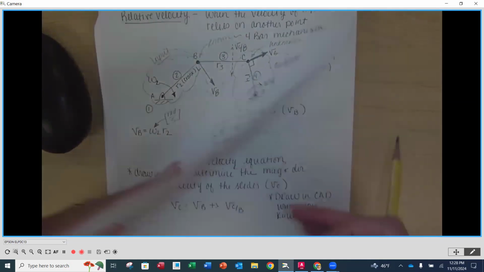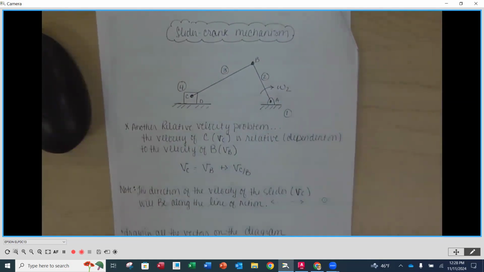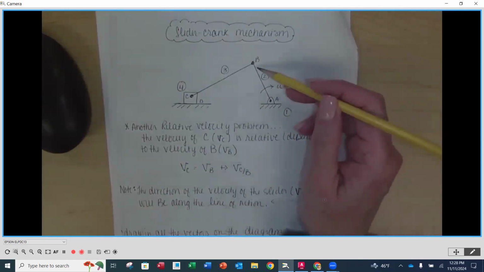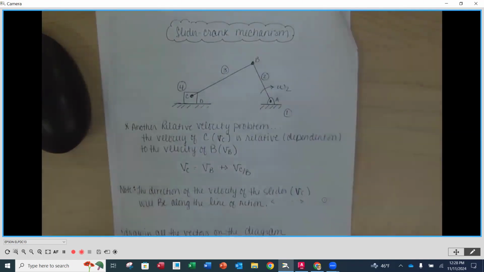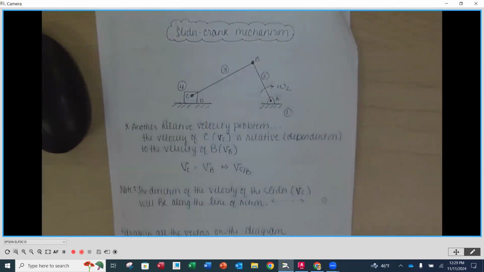All right. Now we're going to turn the page. The other type of mechanism that we see often is a slider crank mechanism. This is a 4-bar mechanism, as we've been seeing throughout. And you're going to notice here, our frame is going to be the non-moving link. Number 2 is going to be our crank. Number 3 is going to be the connecting rod, and number 4 is going to be the slider.